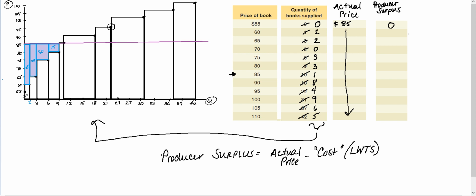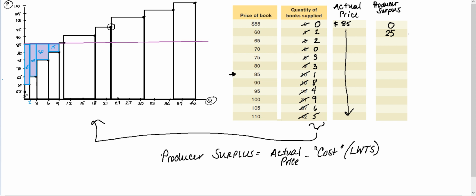They were willing to take $25 less than what they had actually sold the book for.